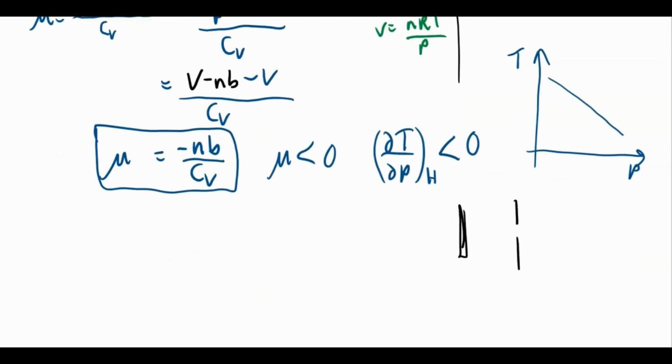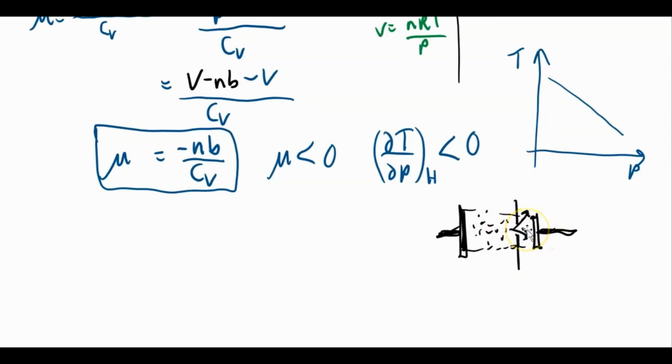With a Joule-Thomson expansion, we're pushing gas. This is gas here. We're pushing it through a throttle, like forcing it through a porous substance or a very small hole, and we're pushing it against some external pressure here, and it's expanding.